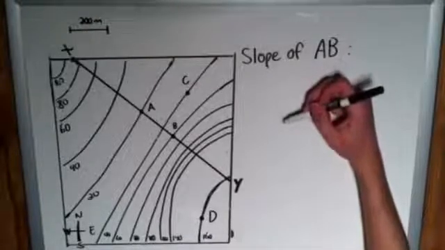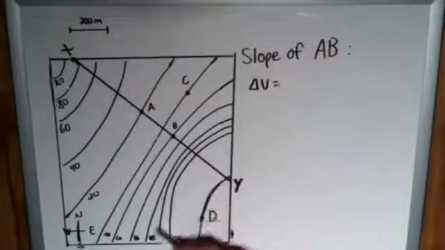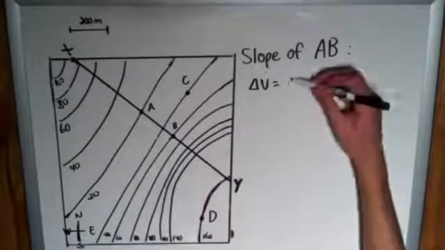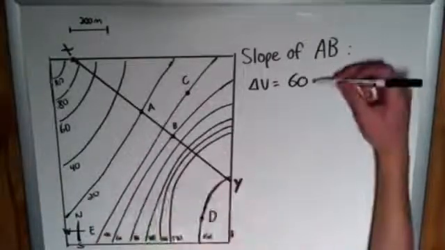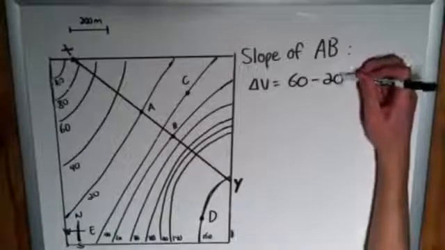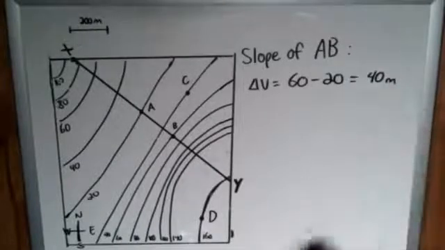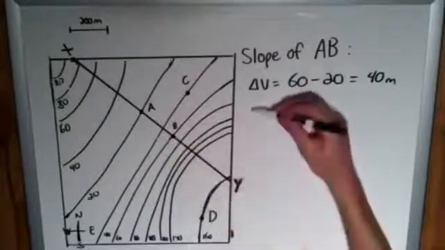Let's start by finding our delta V. Well, B is on the 60 contour line, so we can say that that is 60, and A lies on the 20 meter contour line. 60 minus 20, our vertical change is 40 meters, and that is positive because we are going upwards.